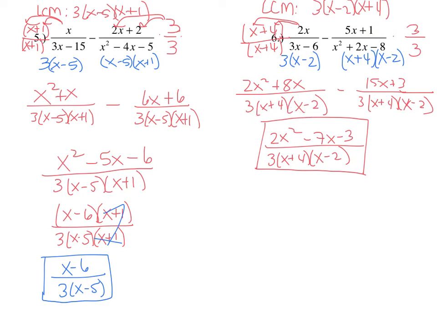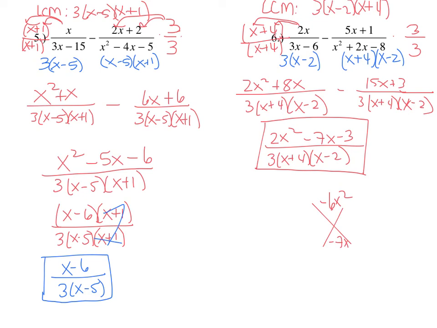Now that your denominators are the same, you go ahead and combine, remembering that it's subtraction. So you've got 2x squared, 8x, take away 15x is negative 7x, and then take away the 3 gives you negative 3. It's enticing, this numerator, you think maybe you can factor, but you've got a product of negative 6x squared, a sum of negative 7x.